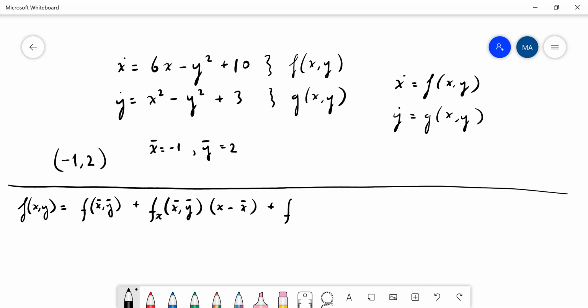Then I have the derivative with respect to y evaluated at x bar, y bar, times y minus y bar. Okay, so let's do it. By definition, this is 0, right? So if you write it, 6 times minus 1 minus y squared, which is 4, plus 10. This is that.